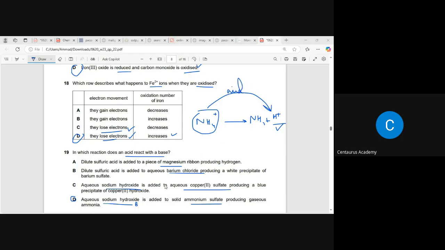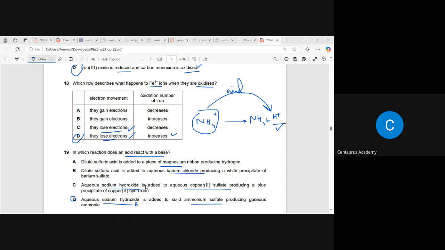Okay. So ammonium sulfate is going to behave as, you tell me, copper hydroxide is produced, which is a precipitate. Sodium is going to displace copper from its aqueous ions to form sodium sulfate, and copper 2 hydroxide is produced as a result.